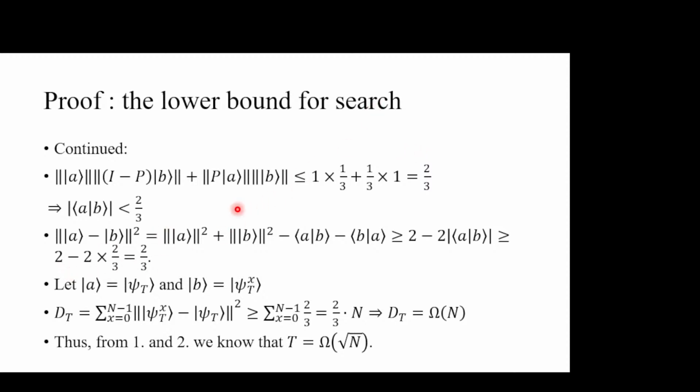Now that we have the upper bound on the norm of the inner product, we can turn it into a lower bound on the distance. We write down this difference squared and expand all the terms. It should be the norm of A squared, plus the norm of B squared, minus A inner product with B, minus B inner product with A.